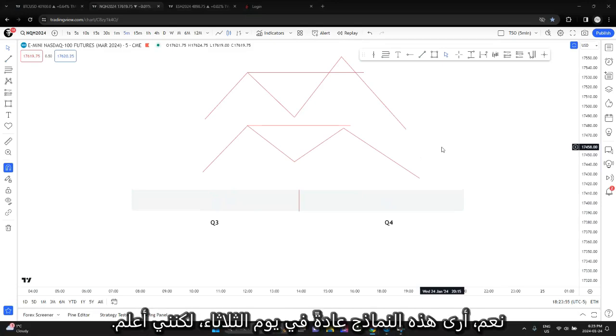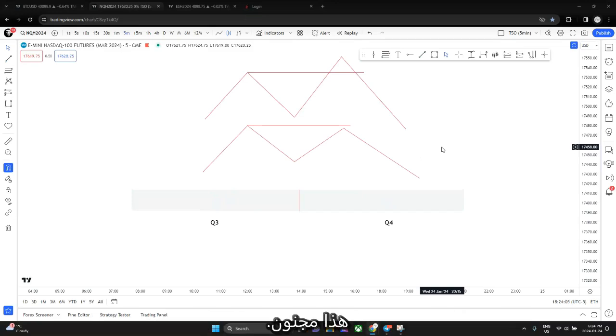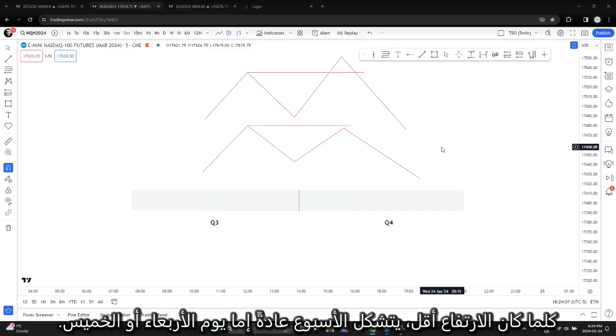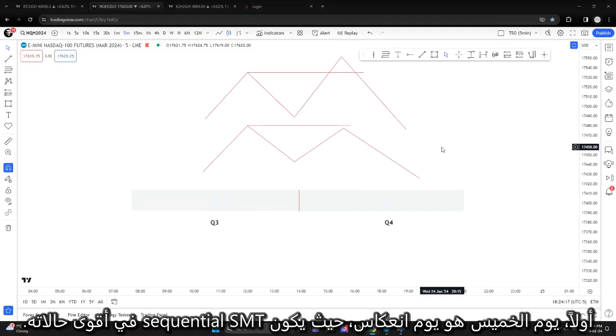Yeah, ICT said it usually forms on Tuesday, but I know. Last week, when did it form? The week before that, when did it form? That's crazy. The low, the high of the week usually forms on either Wednesday or Thursday, right? Because first of all, Thursday is reversal, which is where sequential SMT is the strongest.